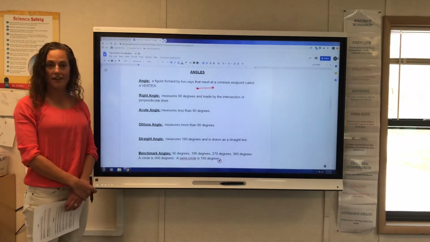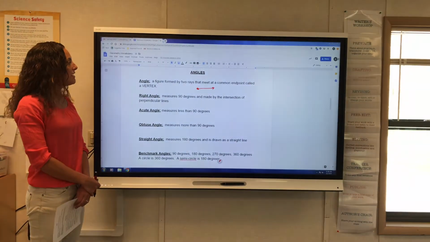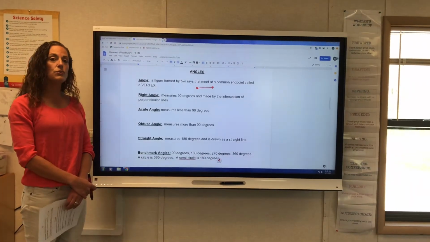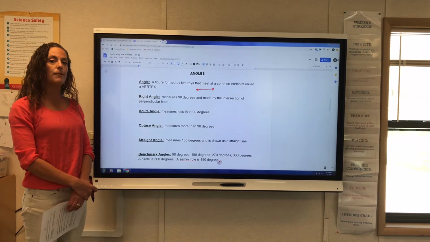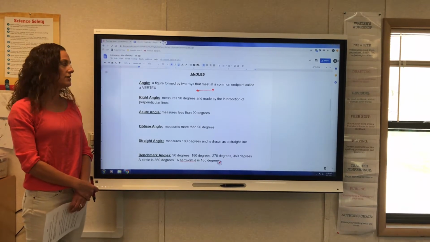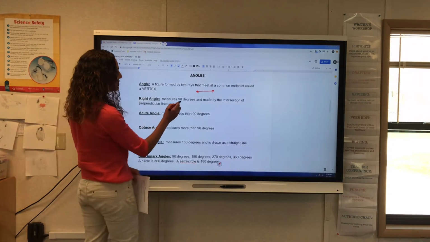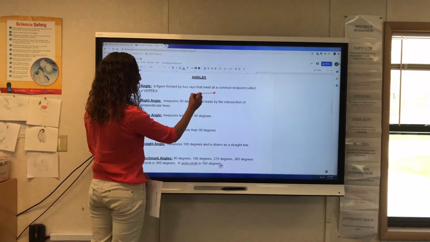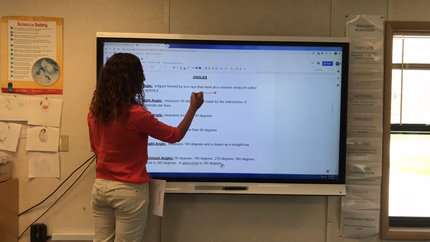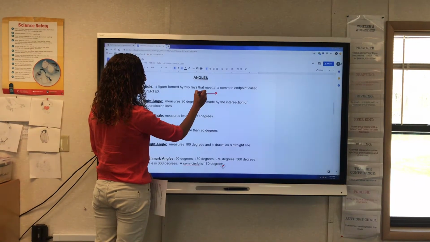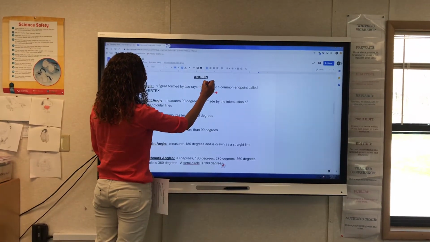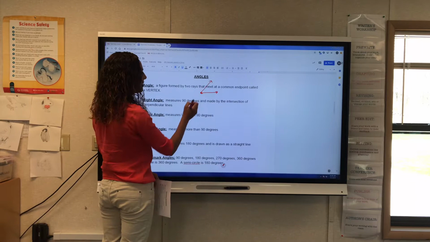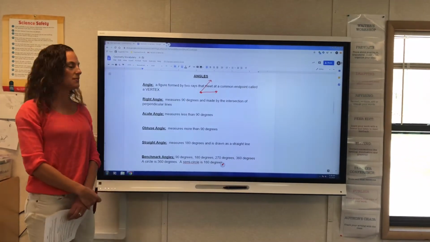And an angle is when two rays come together and they meet at that vertex, okay? I'm going to create another ray that has that same endpoint, and then the arrow is going up this way, okay?